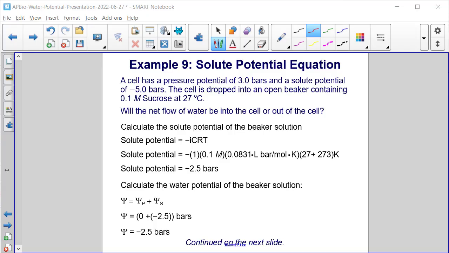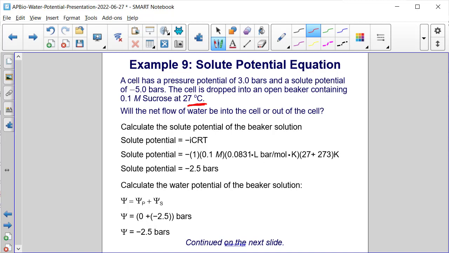So let's start by calculating what the solute potential of the water in the beaker is before we put a cell in it. So using our solute potential equation, I is 1, the concentration of the sucrose is 0.1, R is our constant, and we're told that the temperature of that solution is 27 degrees Celsius, so plus 273 gives us temperature in Kelvin.